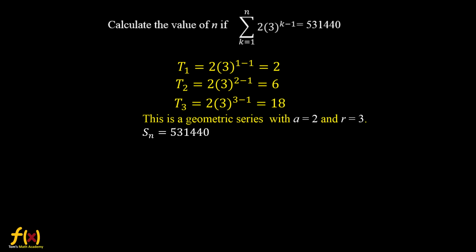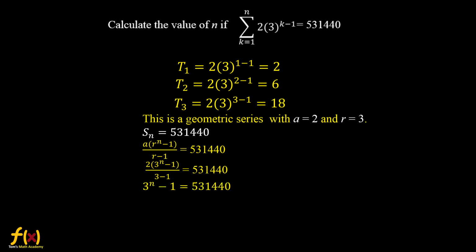We have the sum of the terms also available. Now what is our question? Solve for the number of terms. So we apply the formula for the geometric series: a times r to the power n minus 1 divided by r minus 1, because the common ratio is greater than 1. We substitute the numbers very carefully and solve for n.